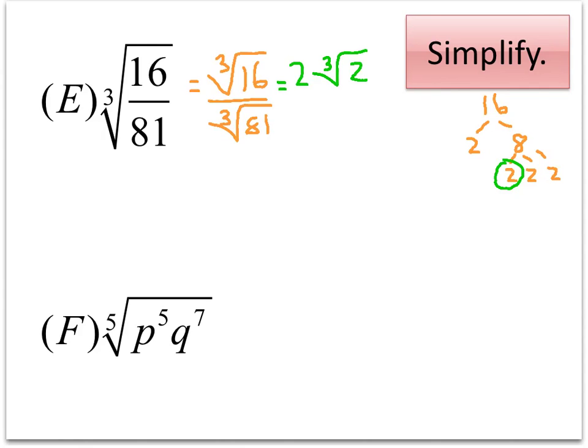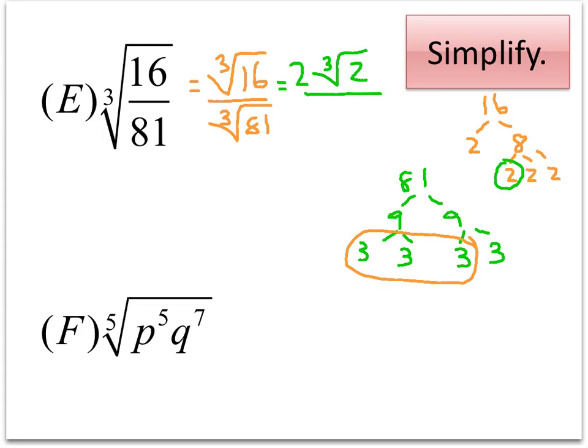Don't forget your index. Now on the bottom, 81. 81 is 9 times 9. 9 is 3 times 3. So I'm going to get 4 3's. So 3 of those will give me 1 3 on the outside, and I'll be left with a 3 on the inside. Now if things could simplify, we would, but they don't, so this is going to be my final answer.